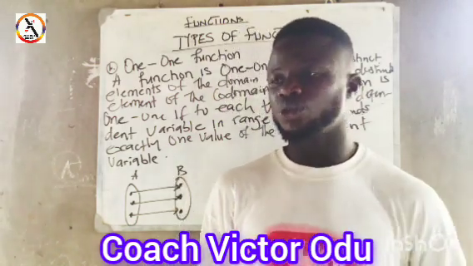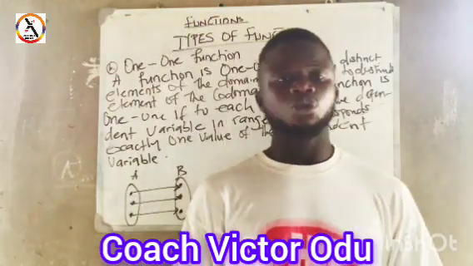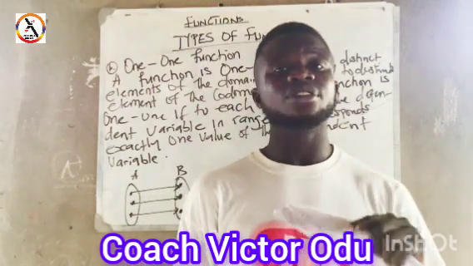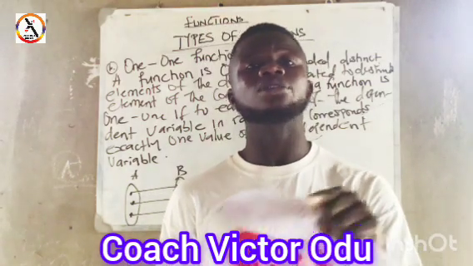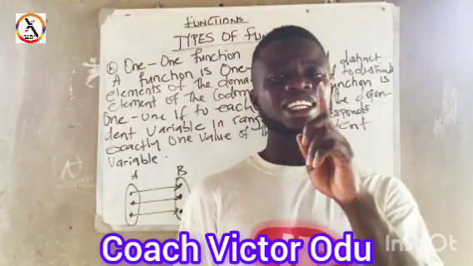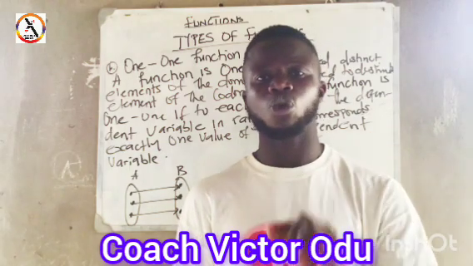In the one-to-one function, if you are given an equation and asked whether it is a one-to-one function, you should put the values of the independent variable into the equation. When you put in those values and you get exactly one value, then your answer should be yes, it's a one-to-one function.